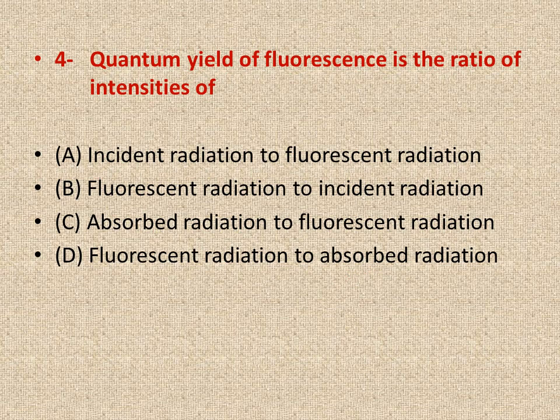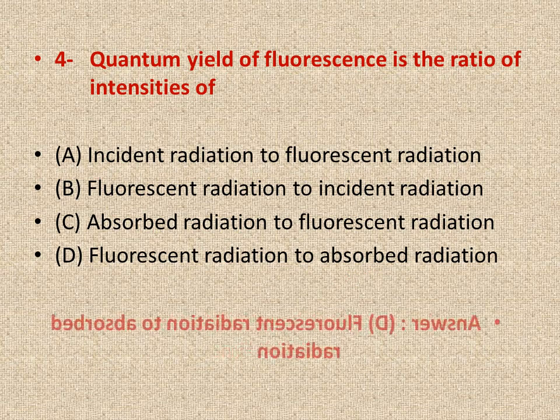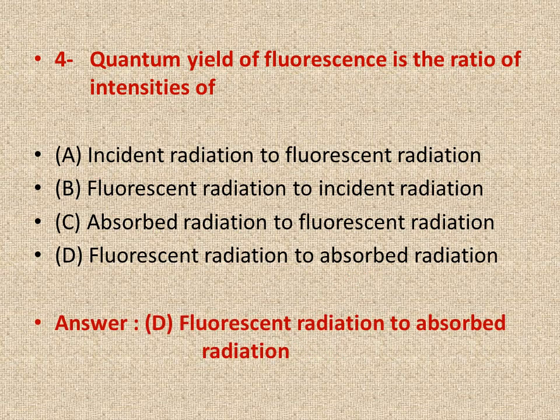So let's see what is the right option. Quantum yield of fluorescence is the ratio of intensities of fluorescent radiation to absorbed radiation. So D is the right option here.